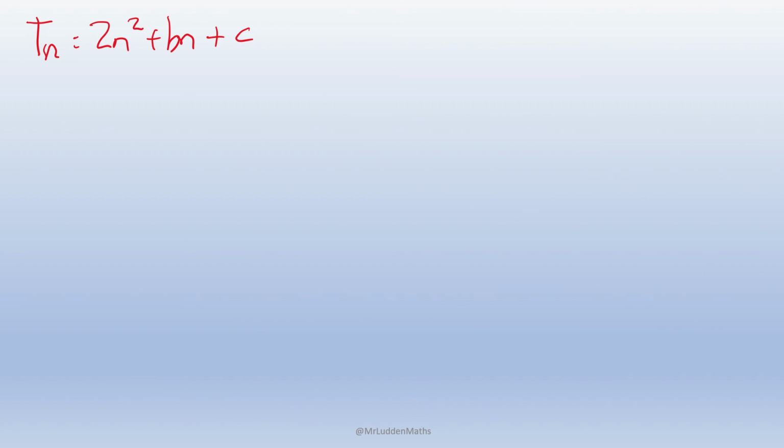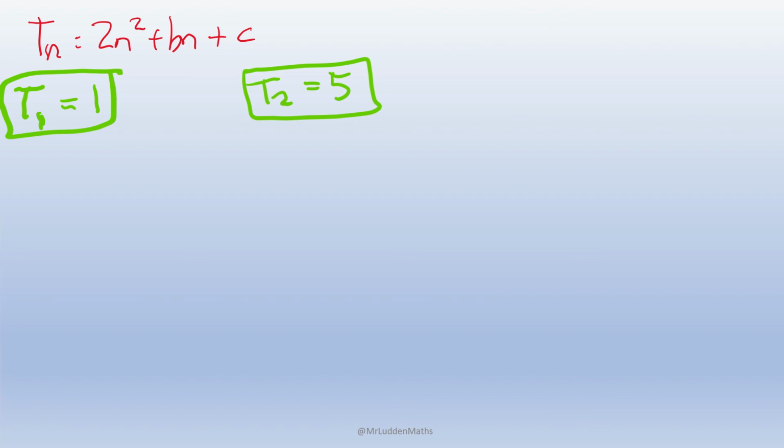So my first term, my T1 was 1, and my second term, my T2 was 5. We are going to use these two pieces of information to get two equations from my main formula.